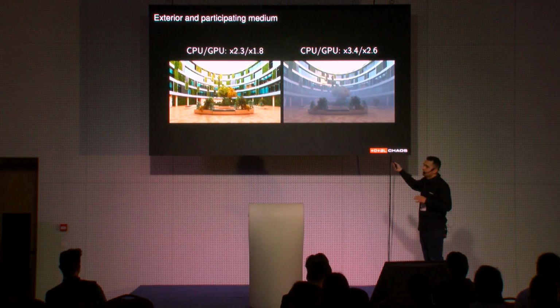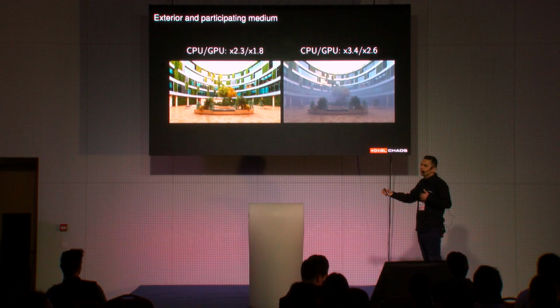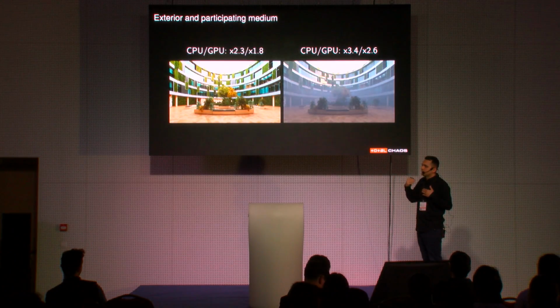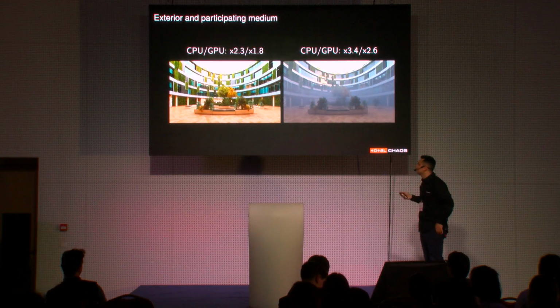This is, for instance, the case when we have participating medium, because we have to shade at many different locations along the ray, and all of these points along the ray project to the same light grid cell, but still we have quite impressive speed up.